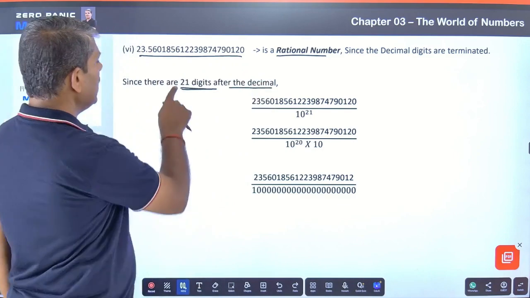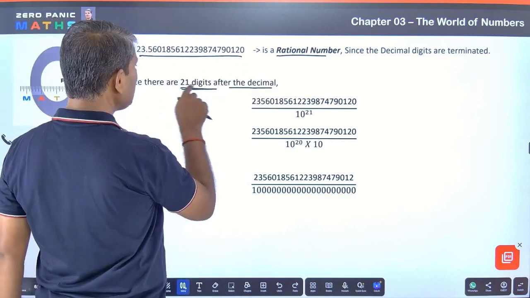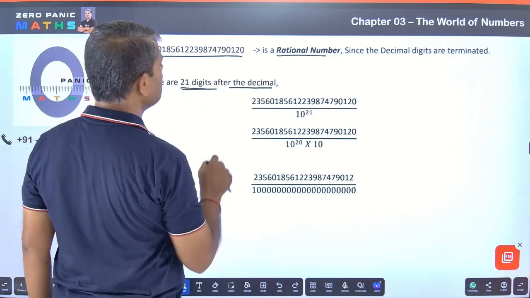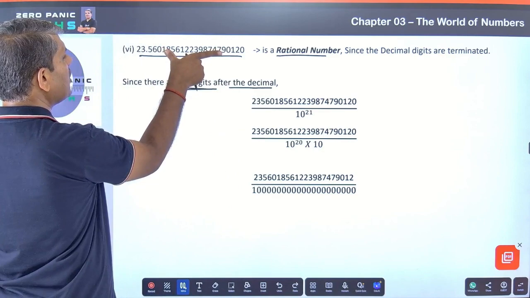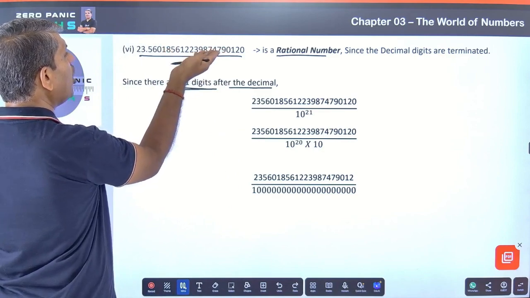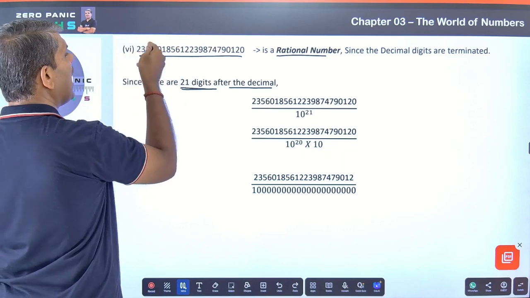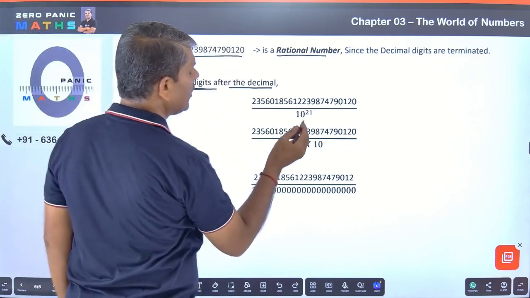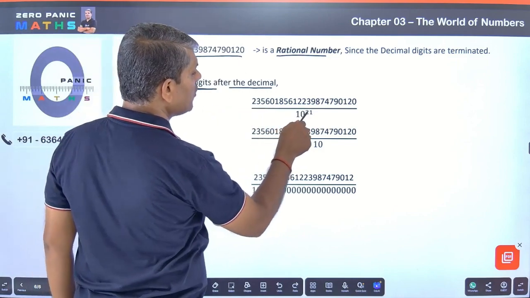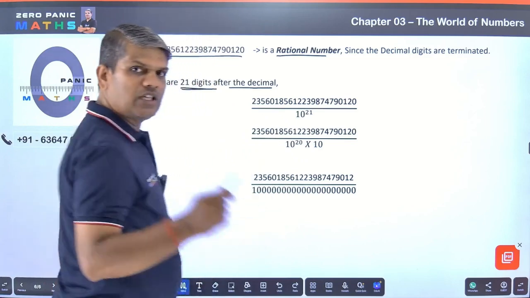So it is terminating after 21 digits. Since I have 21 digits after the decimal point, if I have to bring all these to the left side, I have to multiply this by 10 to the power of 21. Sorry, divide it by 10 to the power of 21. You understood, right?